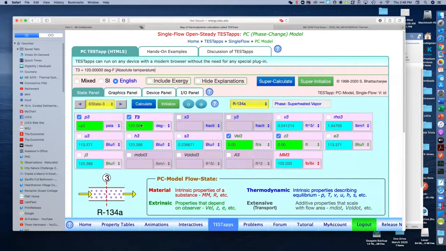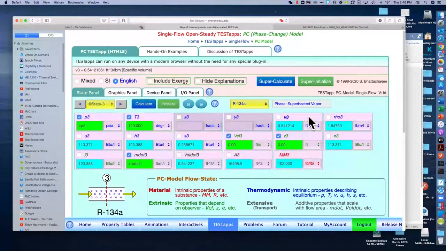So now we have our two thermodynamic states. While we're at it, we can go ahead and say that this is m dot, this is equal to m dot 1, which is also equal to m dot 2. And all of the thermodynamic properties then are determined.